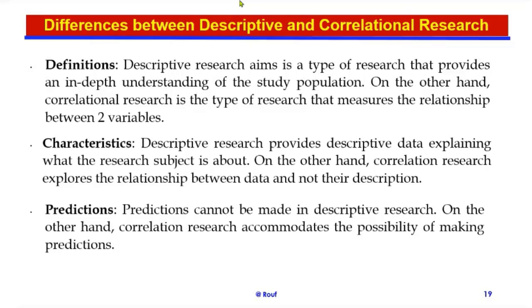Prediction cannot be made in descriptive research. On the other hand, correlational research accommodates the possibility of making prediction. These are the key differences between descriptive and correlational research.